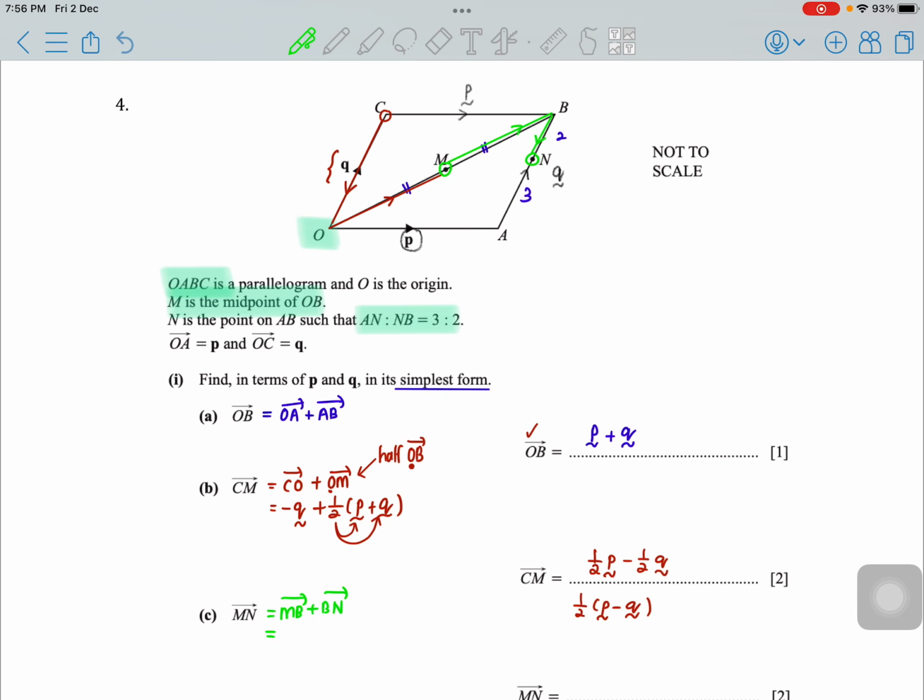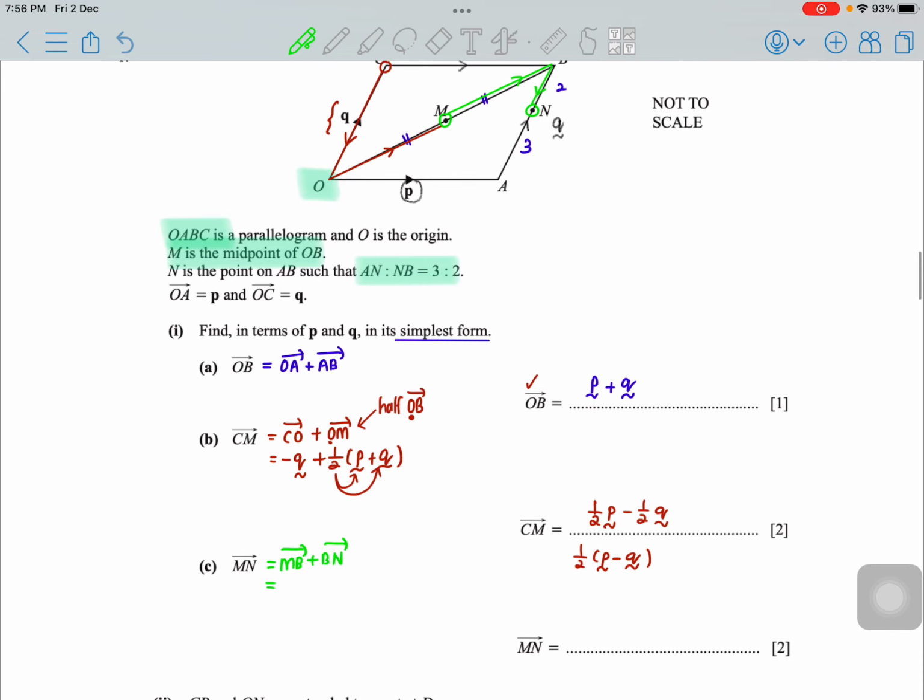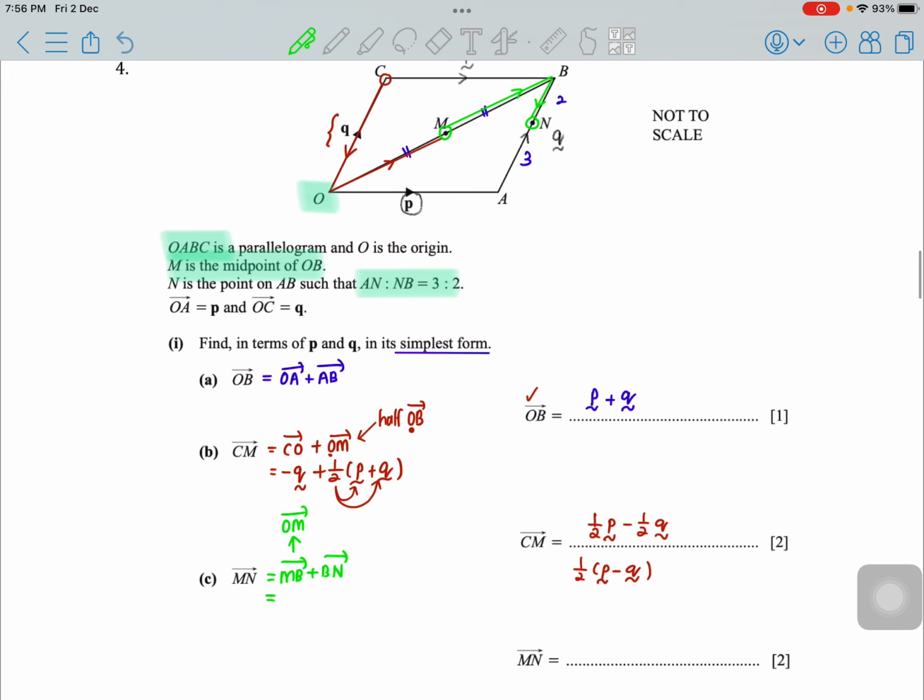What is your MB? MB is exactly the same as OM because M is the midpoint. So for this one, I'm just going to take the OM and repeat it here. So what is my OM? Half of (P plus Q). Done.